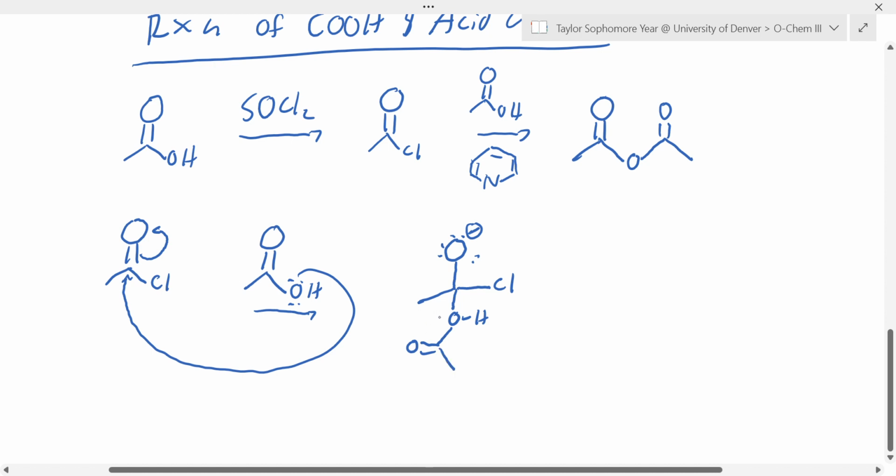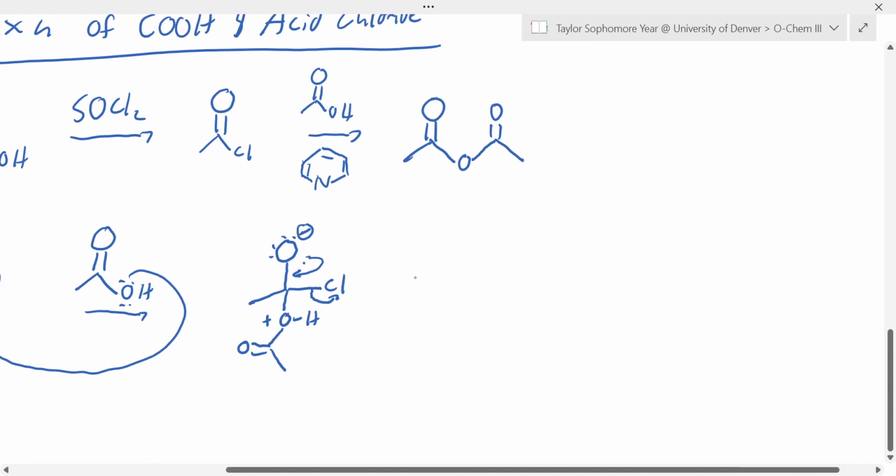The problem though is that now this oxygen has a positive charge. To alleviate that, we can put one of these lone pairs onto this bond, creating a double bond. We can kick off this chloride, which can be expressed as minus Cl, producing this structure.